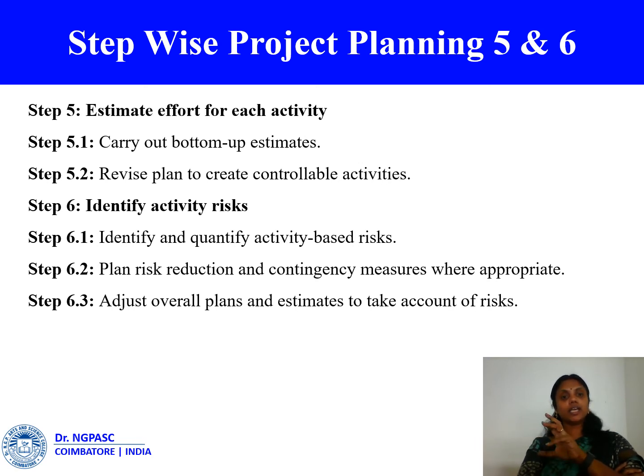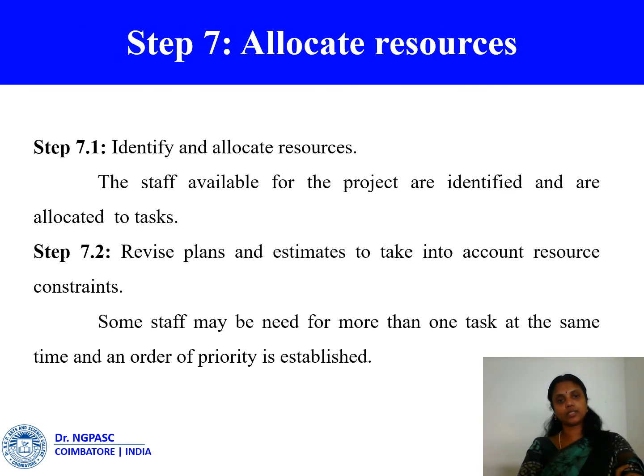In that case, estimating effort for each activity should be planned in step 5. And in step 6, identifying the activity risk. Each activity will have low level and high level risks of different types. Based on the activity, what kind of risk it is has to be clearly identified in step 6.